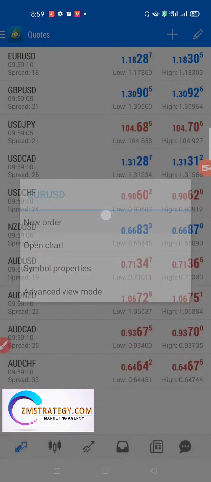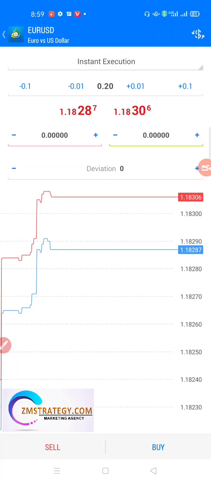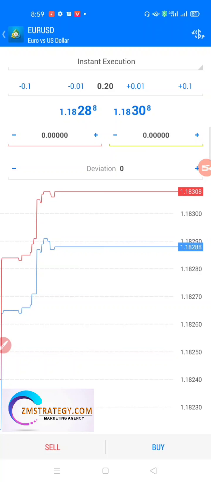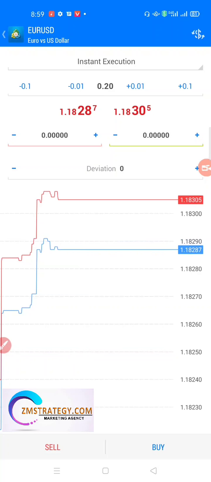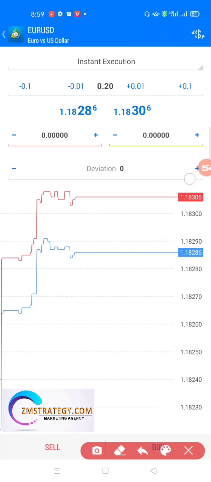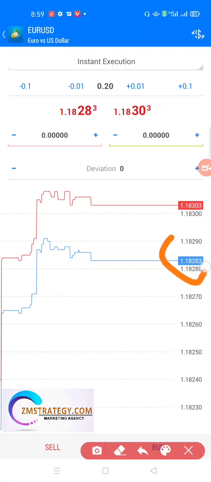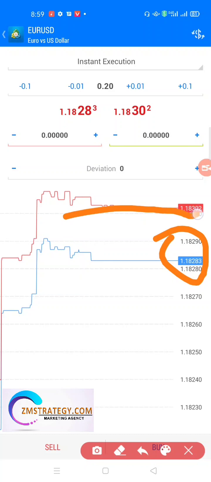Let's open a new order. Now we are having 1.1830, which is this, and here we are having 1.1828. I can see that there's a space between these two numbers.